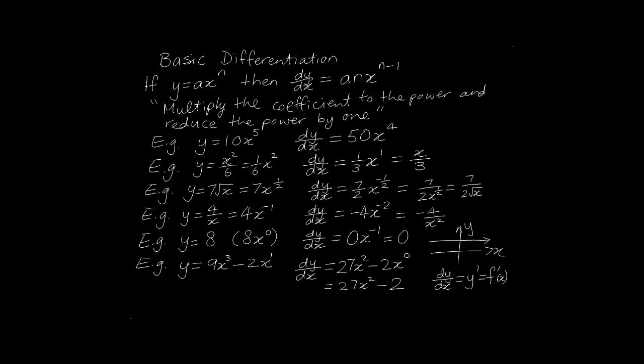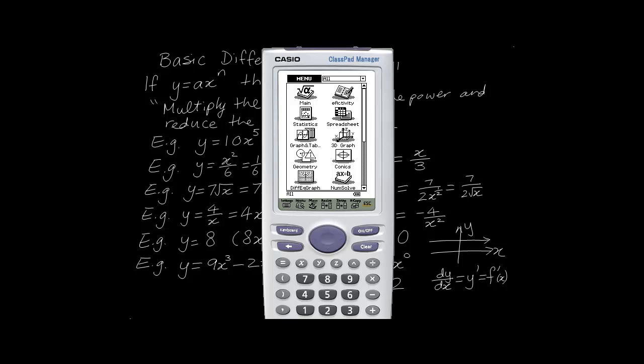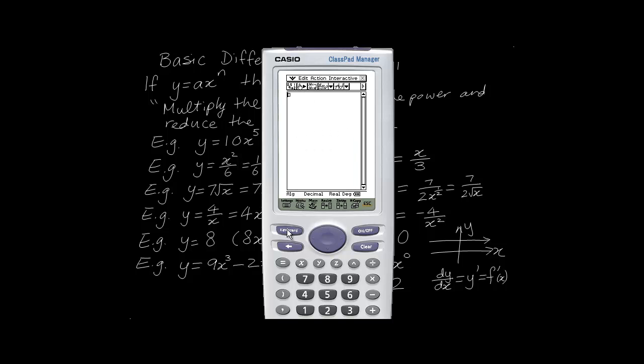Now I just wanted to show you that this can be done on the Classpad. If you pull up your Classpad, go into main and bring up the keyboard, and I often like to have it on 2D. Under calc, you will find this icon here, which already looks like a d by dx. So we put the x there, and then inside the brackets we put in our function.